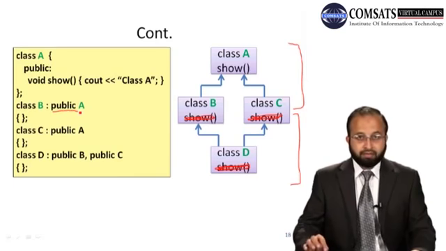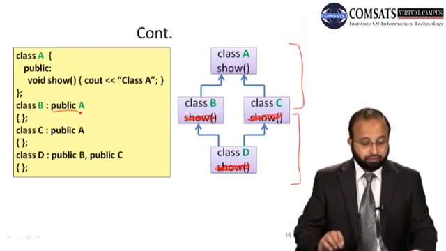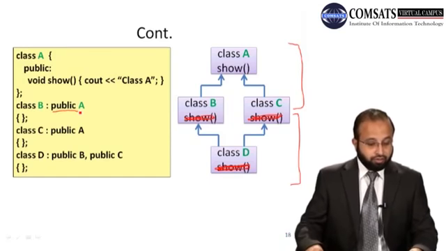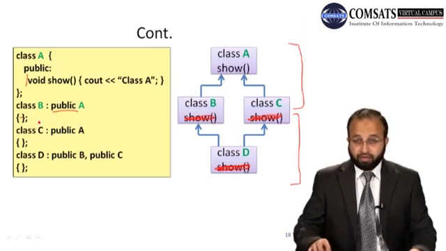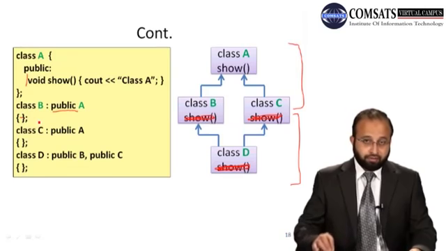This means that a public member of class A also becomes a public member of class B, ठीक है. So ये जो show का function है ये public member है, ये B में भी आ जाएगा, ठीक है. ये B में भी public member function बन जाएगा. This means that the object of B can call that function.